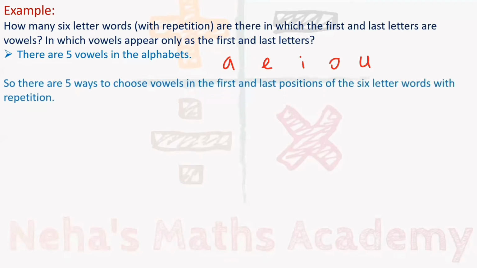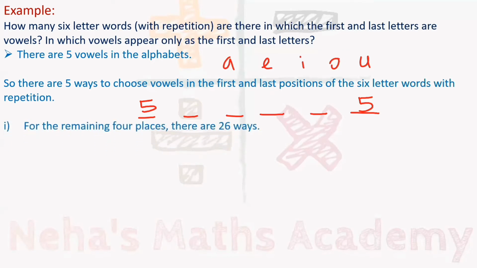So there are 5 ways to choose vowels in the first and last positions of the 6-letter words with repetition. These are the 6 positions of 6-letter words. In the first place, there are 5 ways to choose, and for the last place also, there are 5 ways to choose vowels.